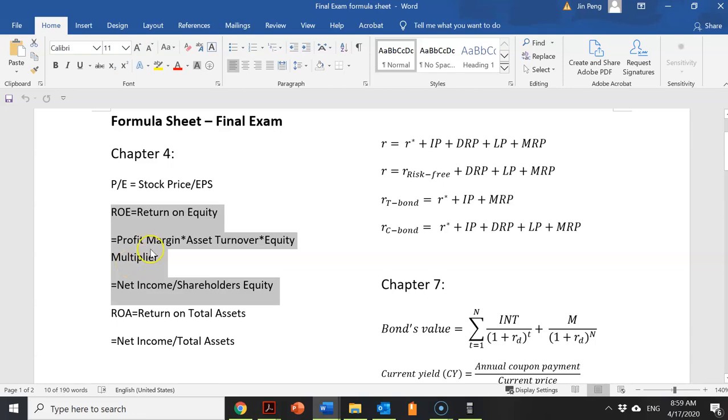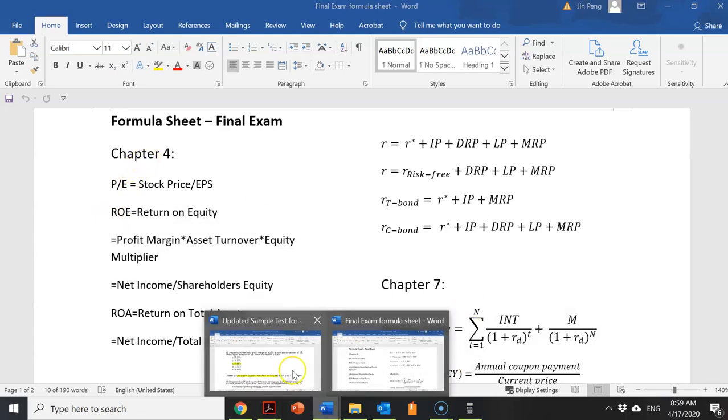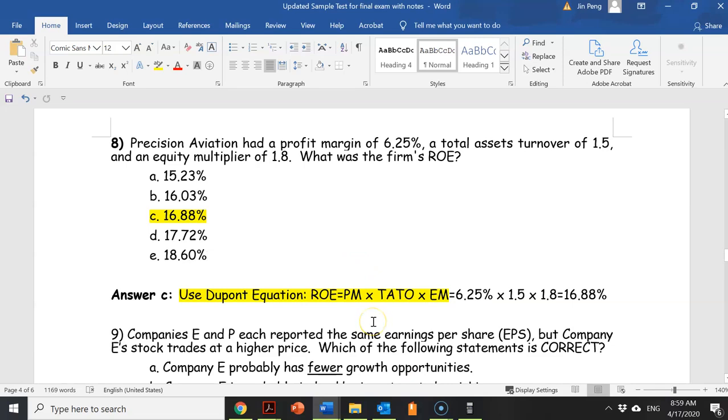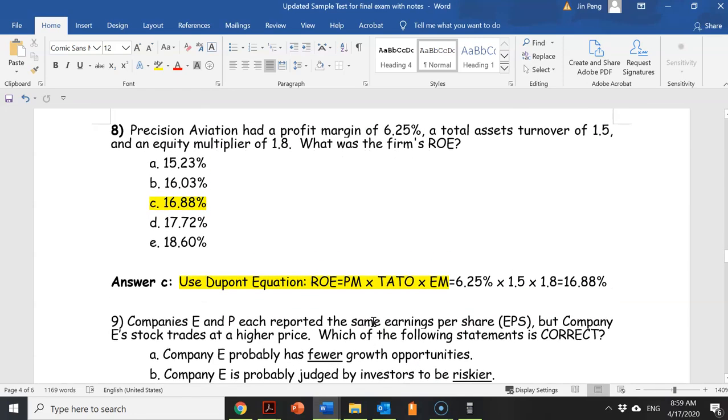For this question, we already know PM, TATO, and EM. So we multiply three numbers to get ROE. Chapter 4 formula. Okay, so this is question 8.